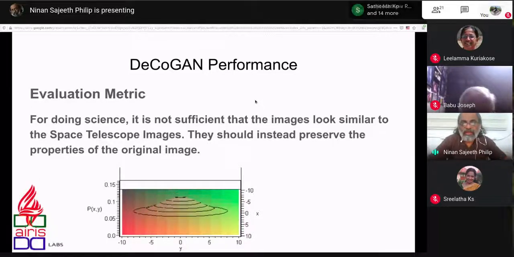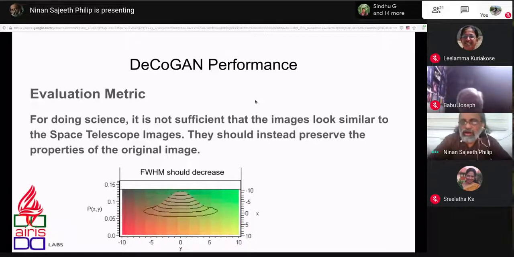It should be able to reconstruct the effect of the Gaussian process, meaning that the profile should become sharper, or mathematically we would say the FWHM, or the full width at half maximum, should grow smaller, because when it goes sharper, this width will decrease. So that is one criterion. If that happens, what we can claim is that it has gathered the pixels from its surroundings and has accumulated them to reconstruct the image.